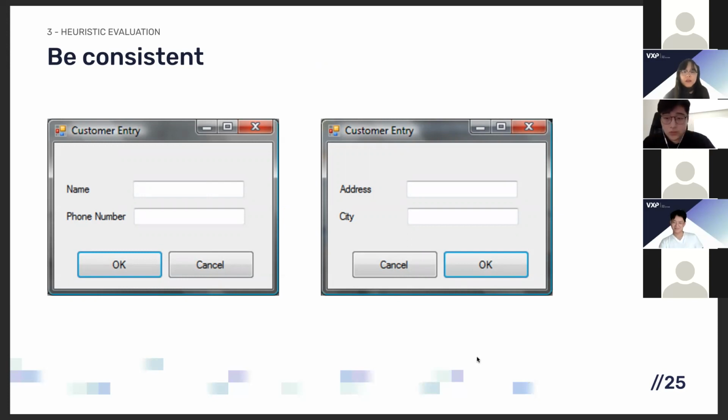So make sure that your interface is consistent in terms of the design. When you're using a certain color on the buttons, make sure that you apply it across the board. Colors and fonts are all these little cute visual cues that can either improve users' efficiency or really make them frustrated with your product.